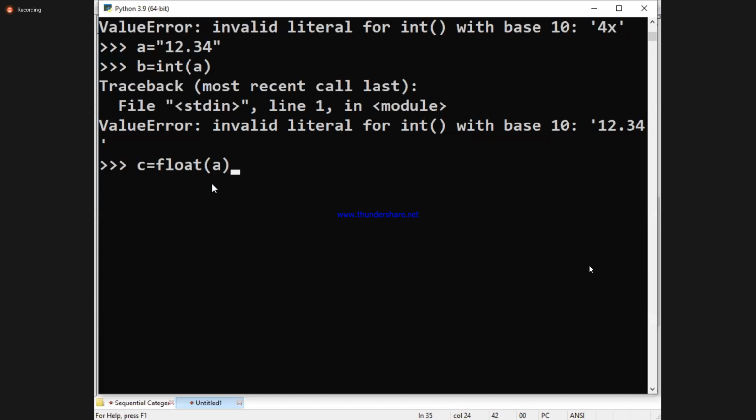A float string can be converted by the float function. Done. Print of C gives 12.34. That C you convert to D. D is equal to int of C. Happy. Print of D gives 12.